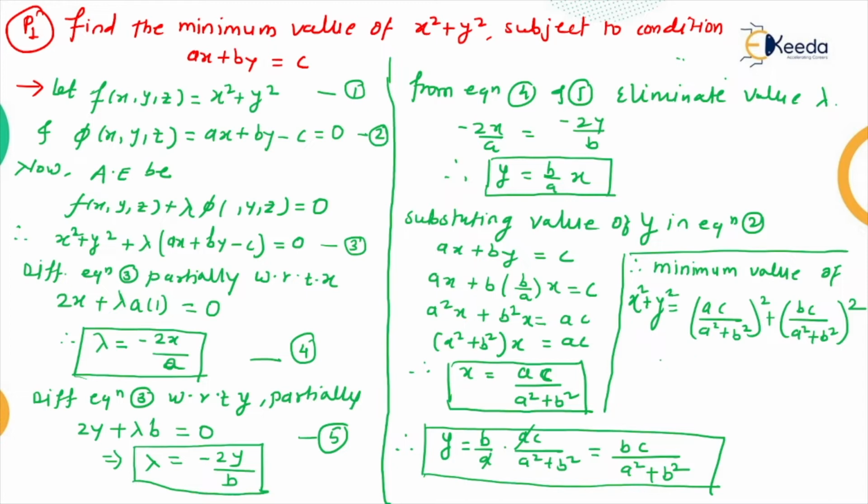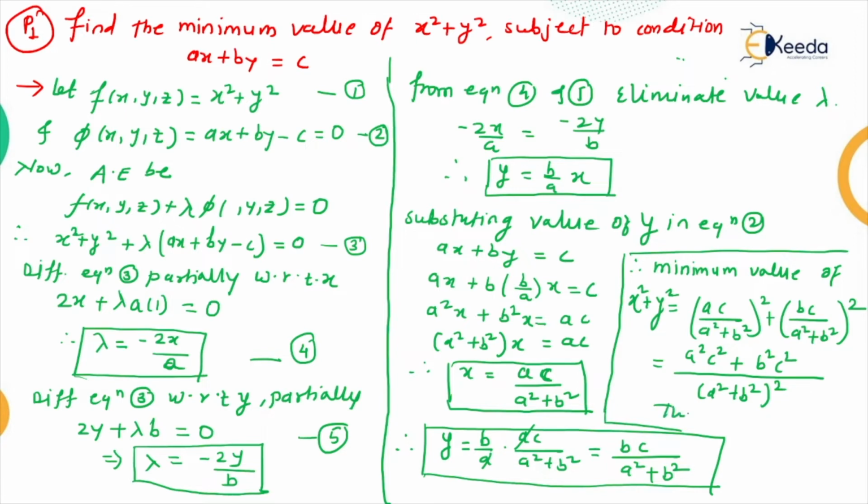After simplifying in one step, we get a square c square plus b square c square divided by, since the denominator is the same, a square plus b square whole squared.